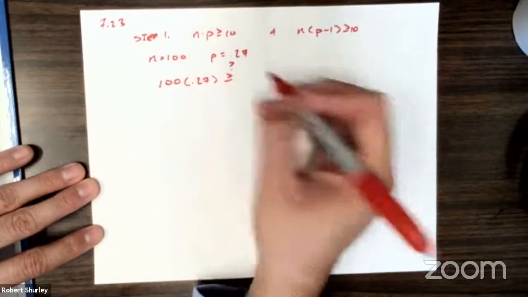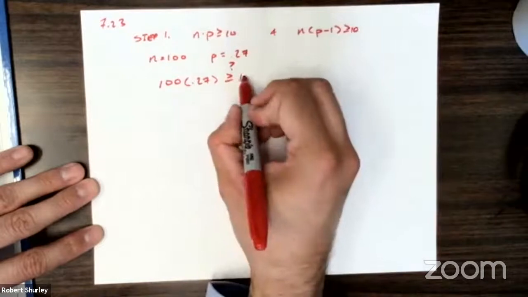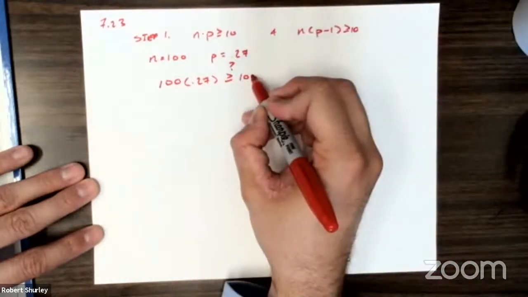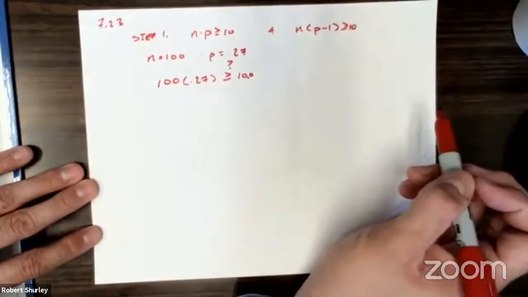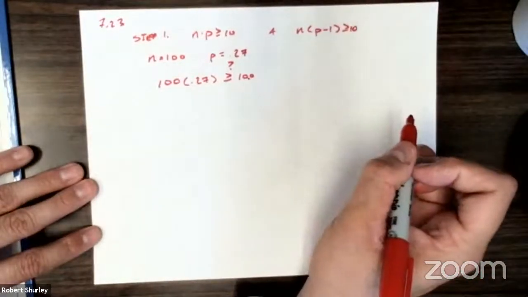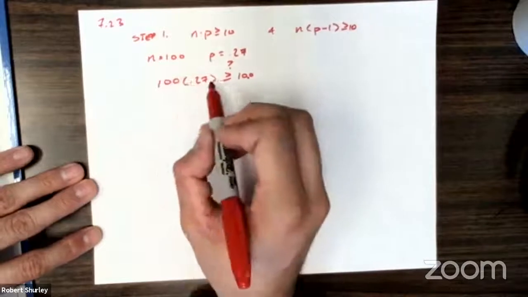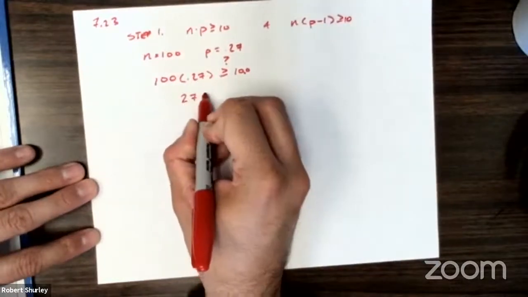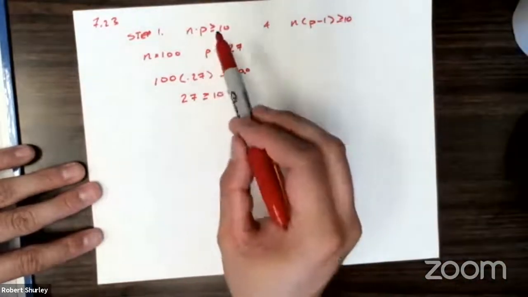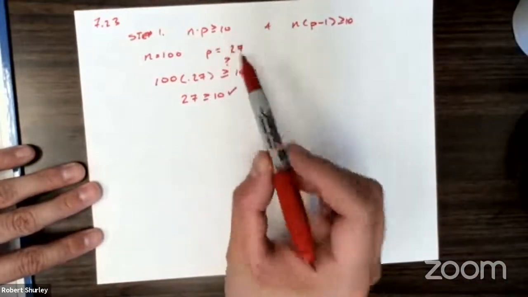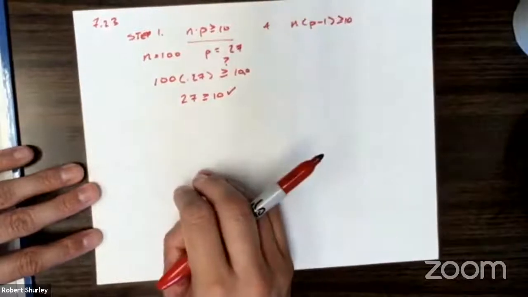And I want to know, is it greater than or equal to, not 100, but 10? That was smooth, I wrote 100. Is it greater than 10? Well, yeah, 100 times 0.27 is 27. 27 is greater than 10. So it satisfies the first condition here, n times p is greater than or equal to 10.